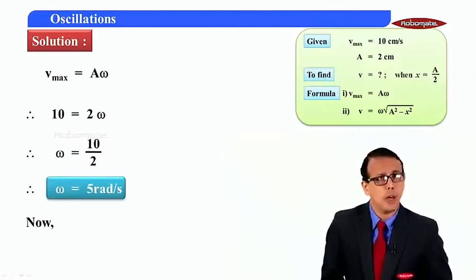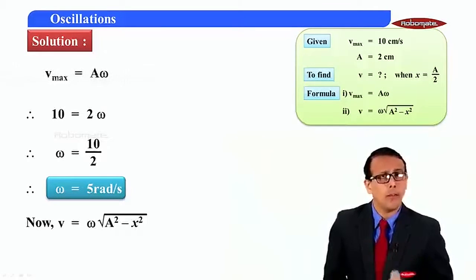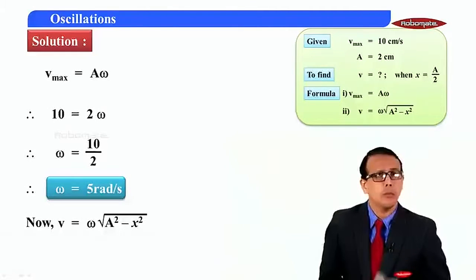Now let's find velocity. So let's use the formula, v is equal to omega root of A square minus x square. Now on the right hand side we know all the terms. Omega we have calculated as 5, amplitude is given as 2, and x is A by 2. Let's keep the right side in terms of A only.